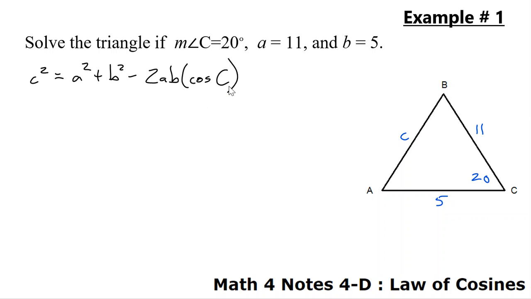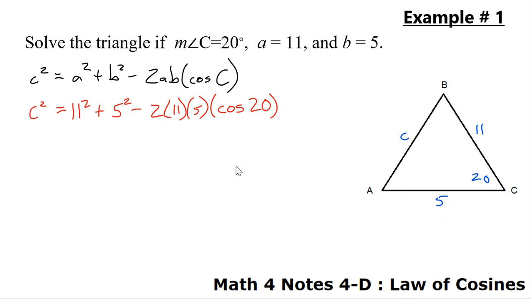To where cosine C, since we have a C, and then little c is what we're after. So this works out kind of nicely. When we start plugging this stuff in, we're looking for c squared. a squared is 11 squared plus b squared, 5 squared, minus 2 times 11 times 5, and we already know big C is 20, so that's the cosine of C. Now that's something we can just punch in the calculator all at once.